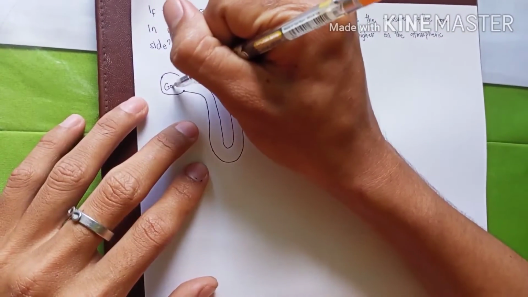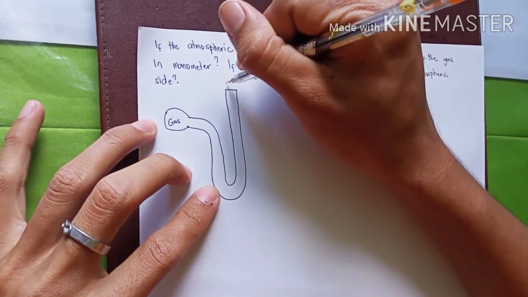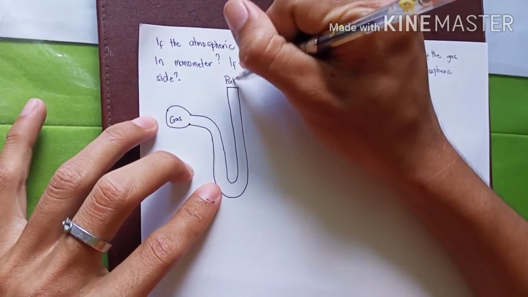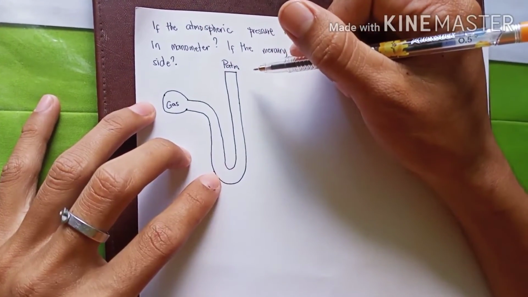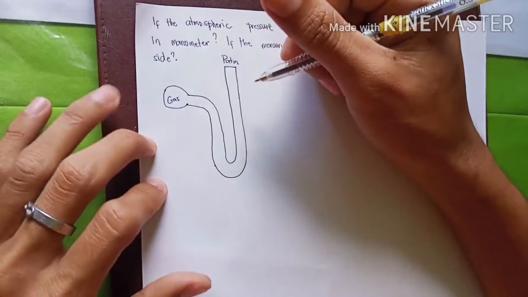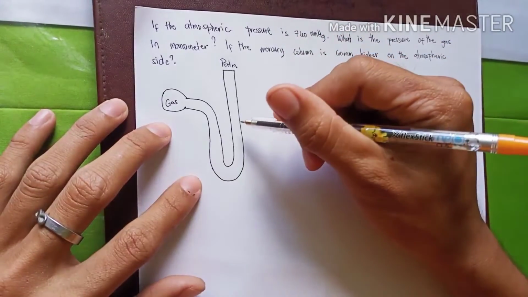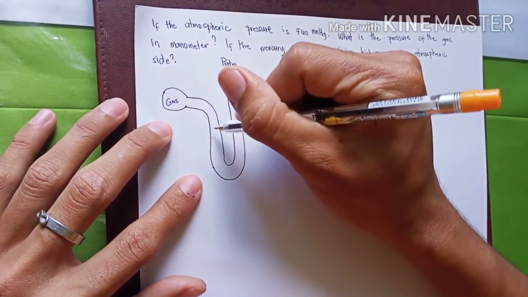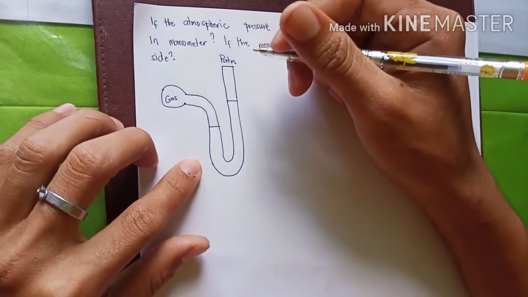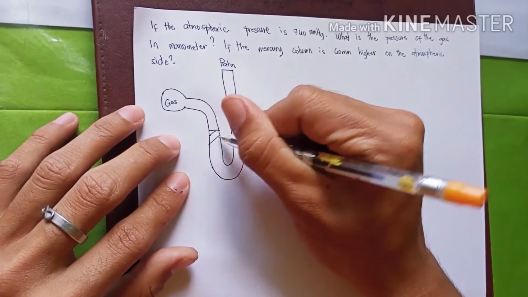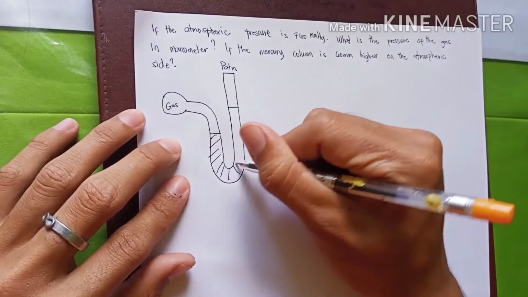This side is the gas pressure, and this side is the atmospheric pressure, and this side is open to the atmosphere. And when we have mercury inside the container, we're going to shade this one for more clarification.